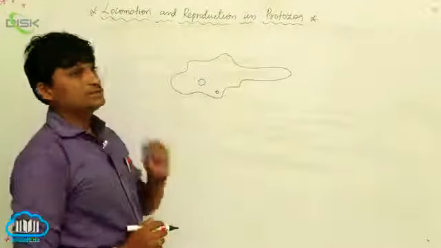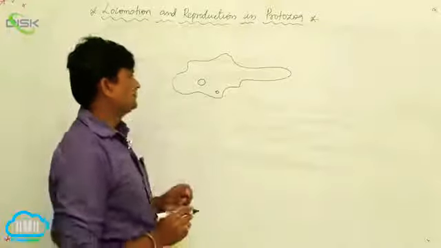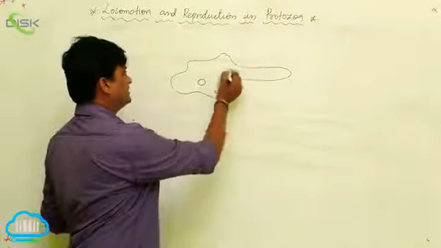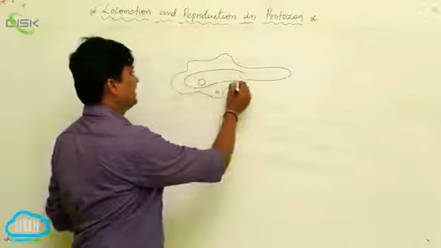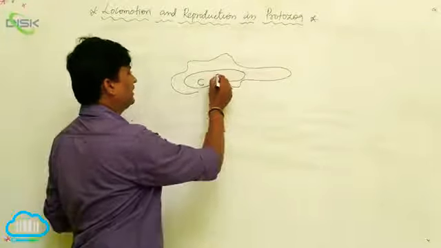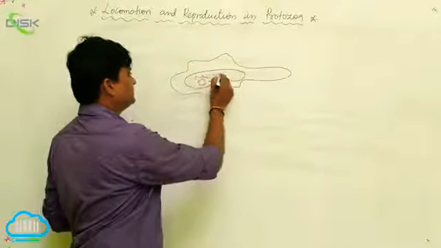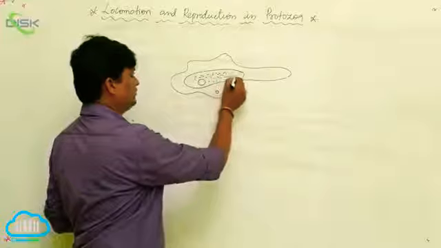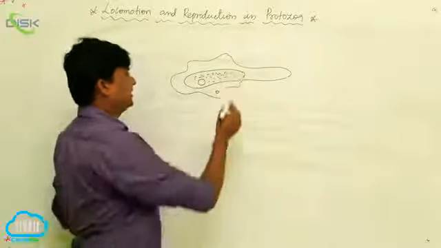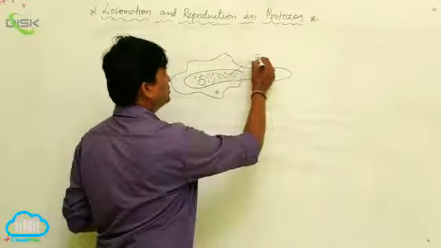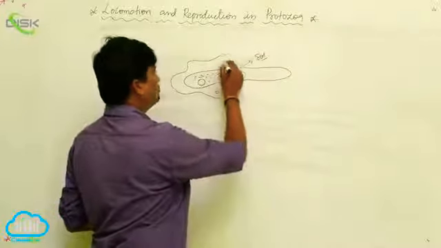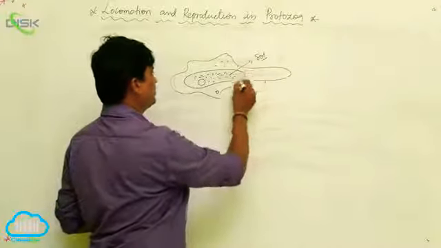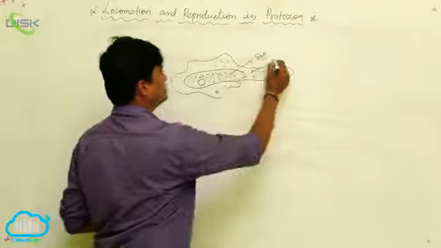Here basically we are seeing two types of cytoplasm. The first goes to the inner side, which has a liquid type of substance. This liquid type of cytoplasm we call sol, and the outermost part we consider as a gel.